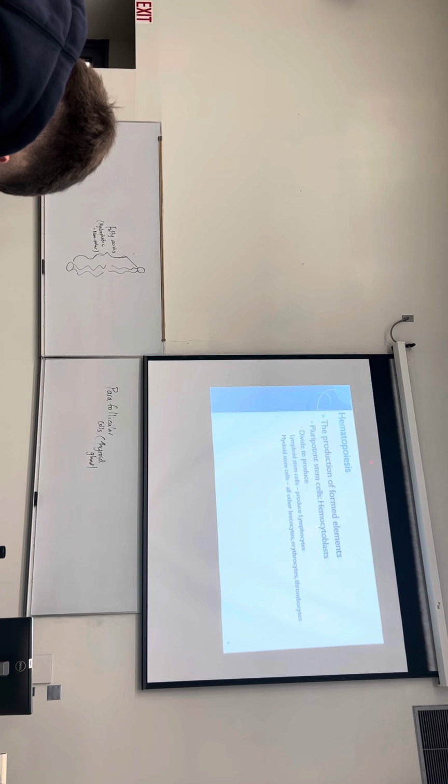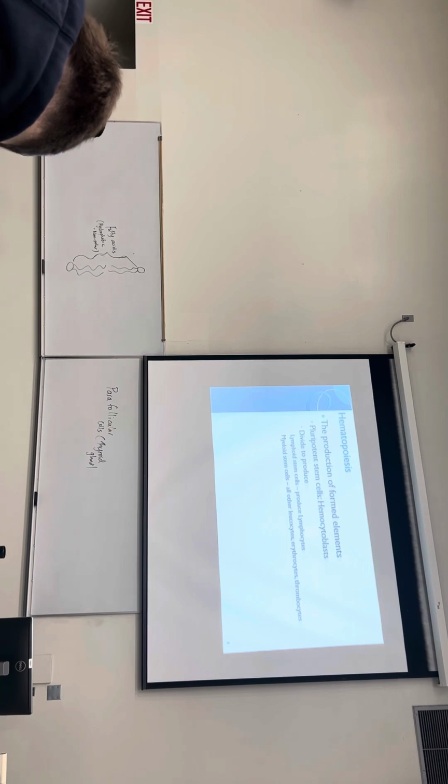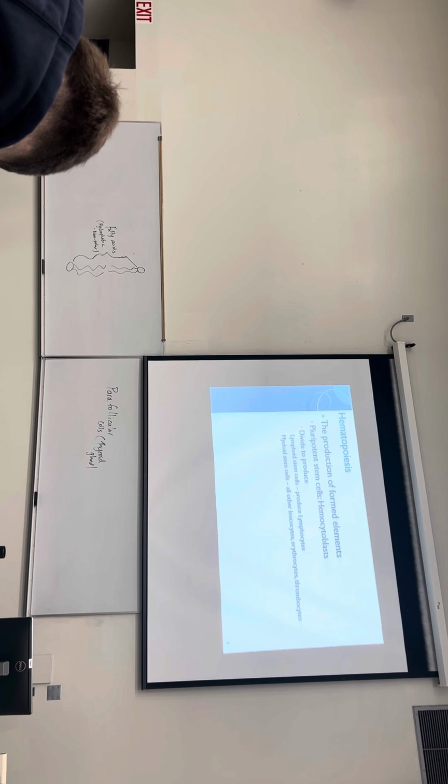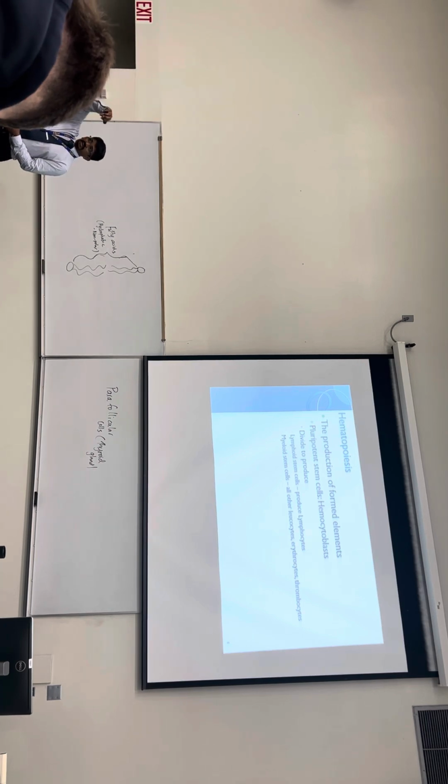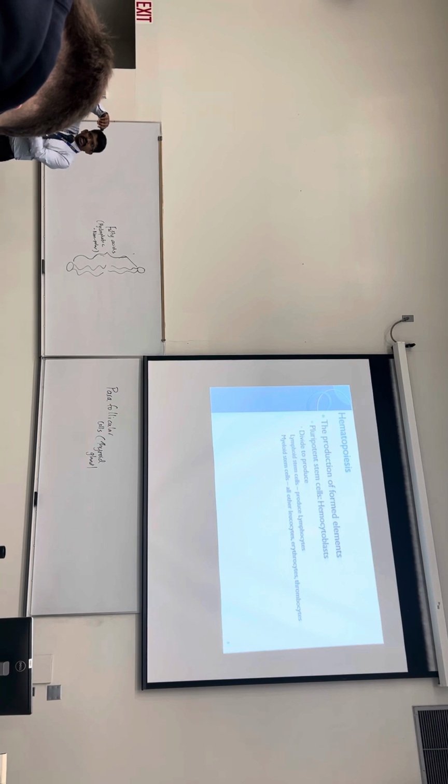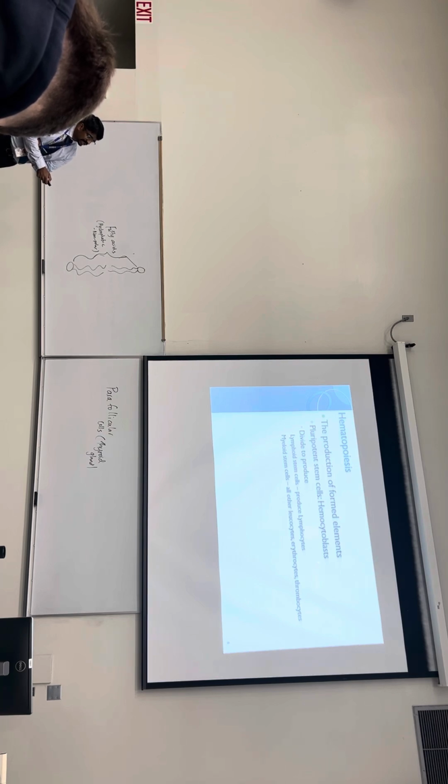So let's talk about hematopoiesis, different from hemostasis or homeostasis. But here it's the production of blood cells, hematopoiesis. You may or may not know the stem cells give rise to all types of blood cells. Okay, the one that has been least differentiated is this hemocytoblast.